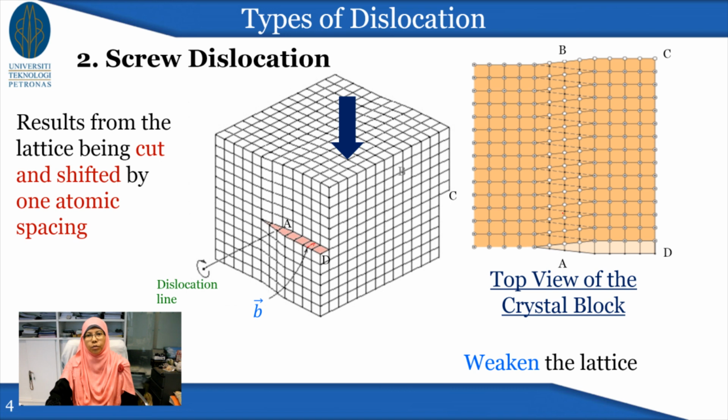If you can follow my marker here, this small red dot here, this is the line connecting all the dislocated atoms from front to back, and the line of dislocation is this line, okay, from A to B, because that is the line that connects all the dislocated atoms, and they look like a spiral, they look like a screw. That's why we call it a screw dislocation. Okay, so those are the two types of dislocations.